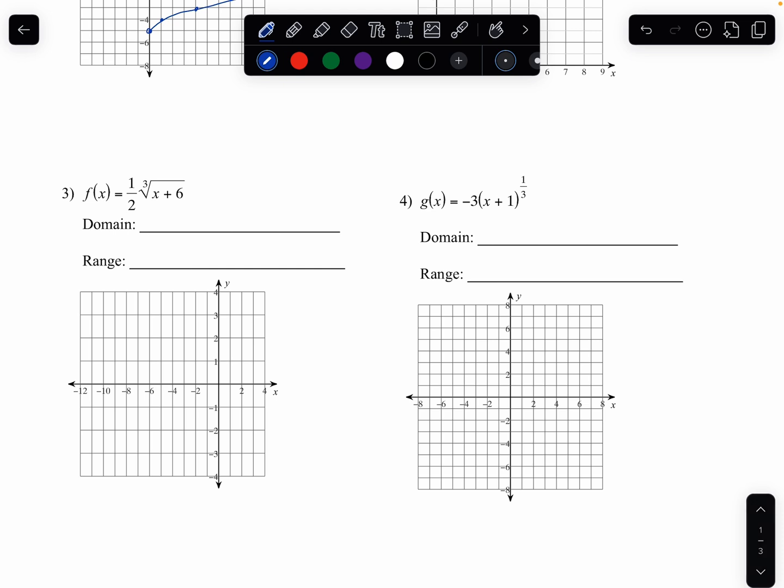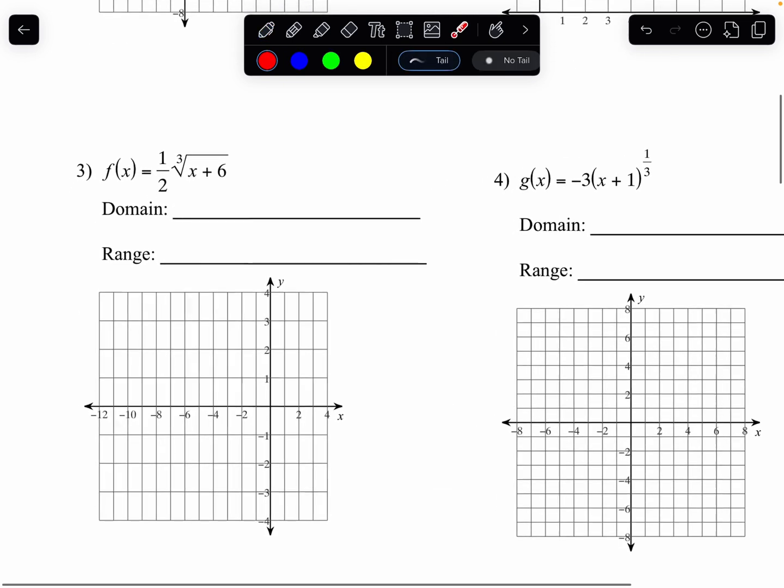Okay, for the next one, now this is a cube root. Cube roots will follow a similar pattern as x to the power of 3.